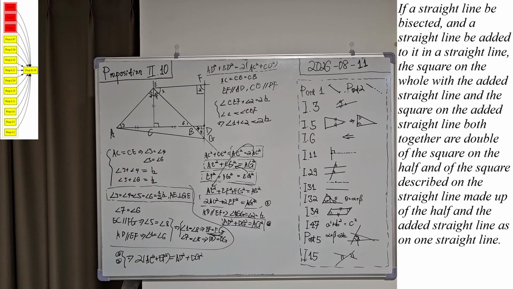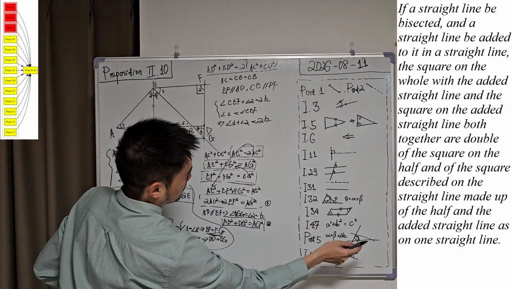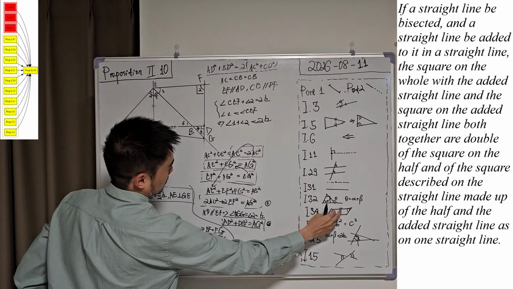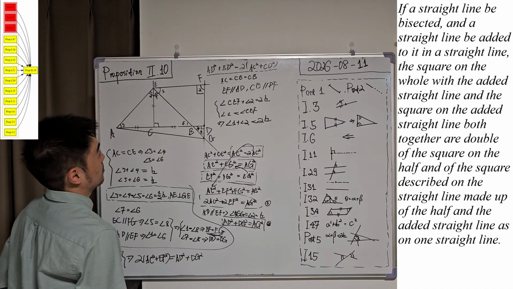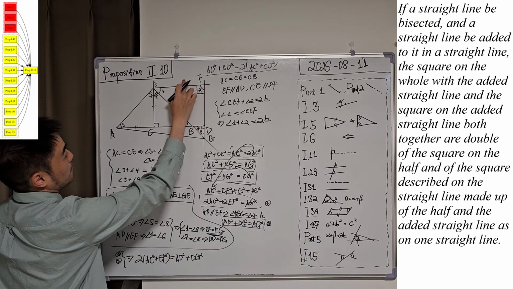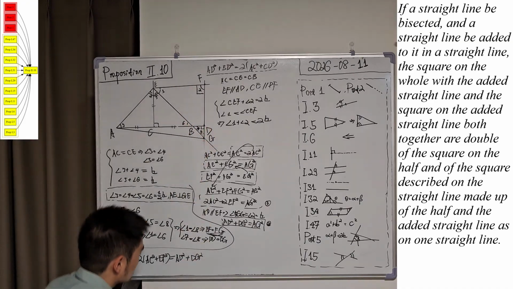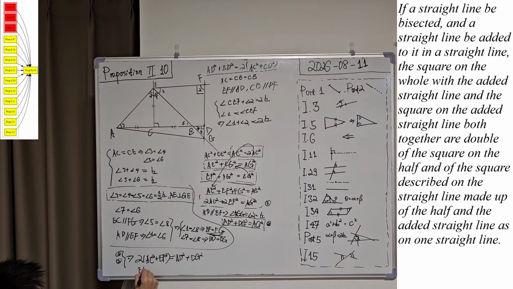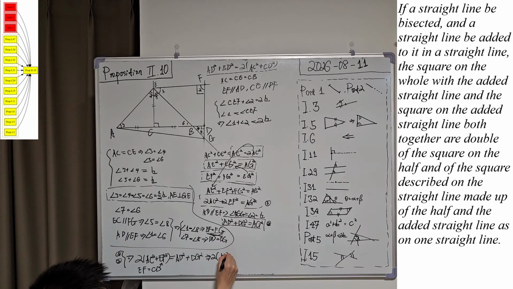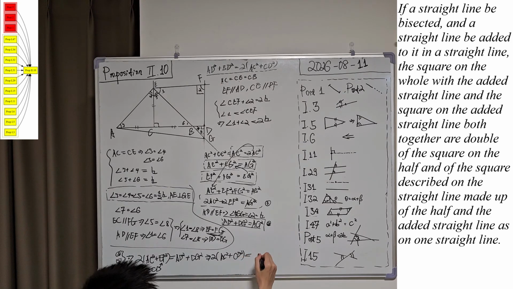Okay? And if we apply proposition 34 again, we know that the opposite sides of a parallelogram are equal. So this is a parallelogram, so EF must be equal to CD, correct? So we have EF is equal to CD, and if we plug CD here to replace EF, we have twice AC square plus CD square will be equal to, let me check, AD square plus DG square.